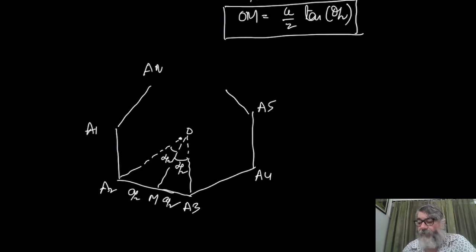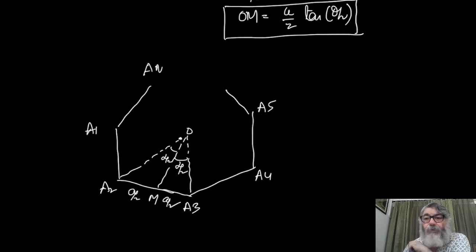Now in the first question, I had taken the angle A1, A2, A3, or A2, A3, A4. That means I had taken the interior angle of the polygon, but now I am taking the angle formed by these radii at the vertex. The same principle will apply here also.